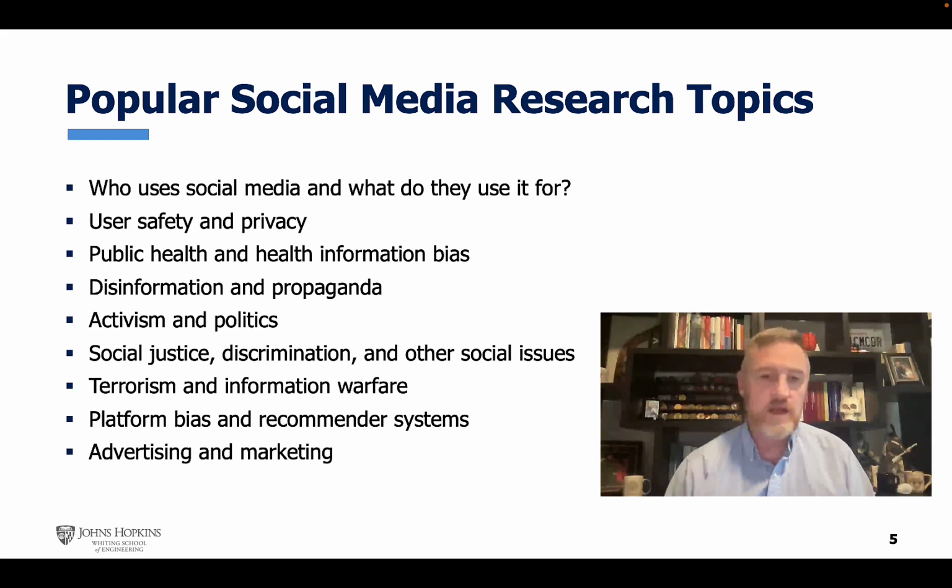There's a lot of work on user safety and privacy. So again, that article dealing with mental health and social media that's in your reading is dealing with safety and privacy. There's a lot on public health and health information bias. This was very popular during the COVID period, when vaccines were coming out and there was a lot of disinformation surrounding vaccines, both for and against.